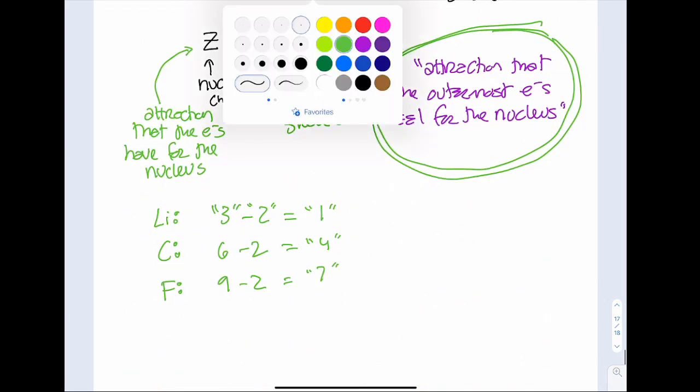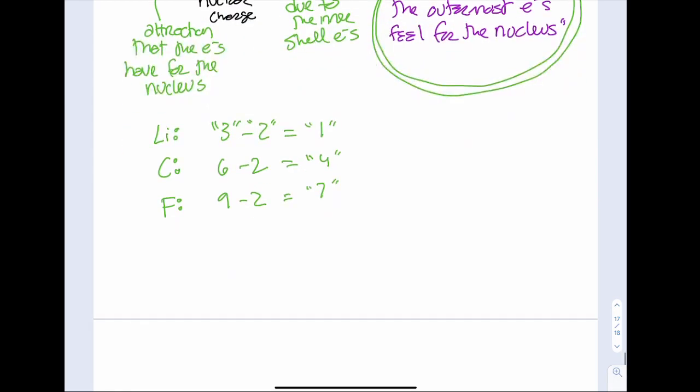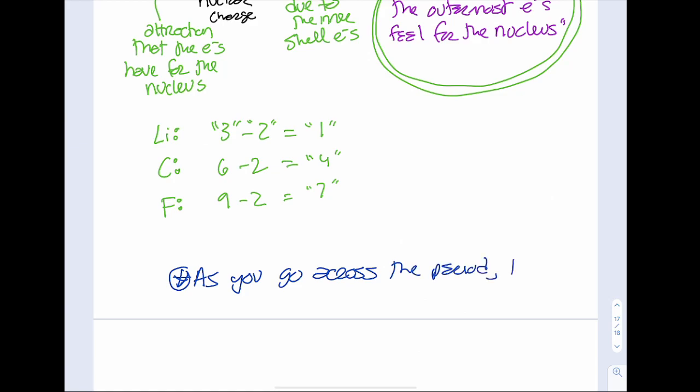So our reasoning: as you go across the period, more protons and electrons are added to the atoms.